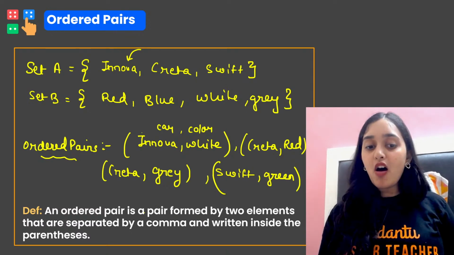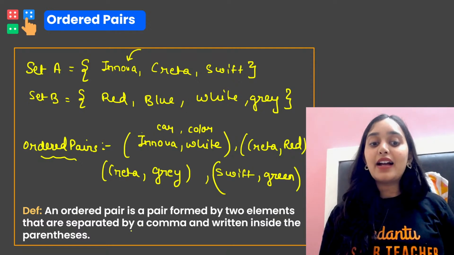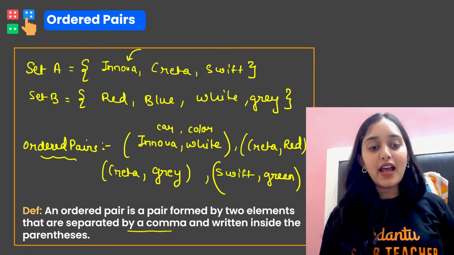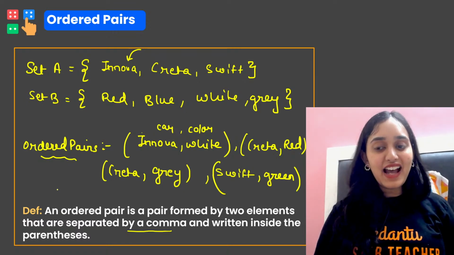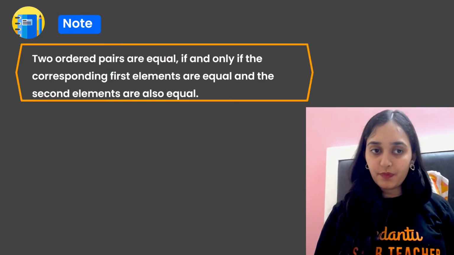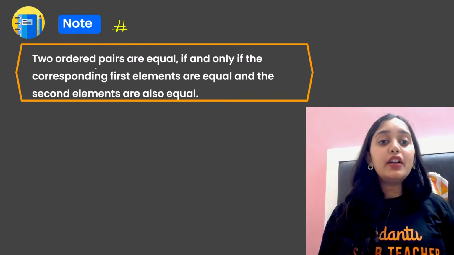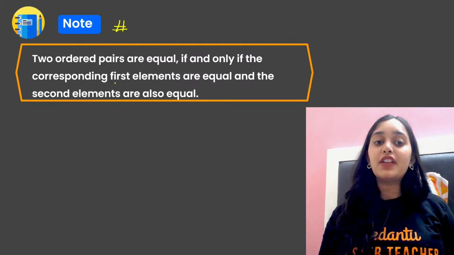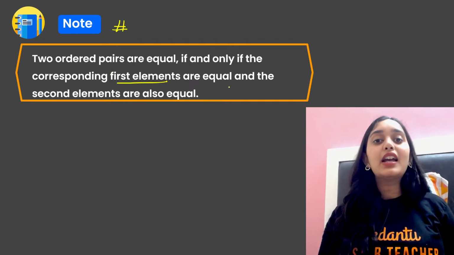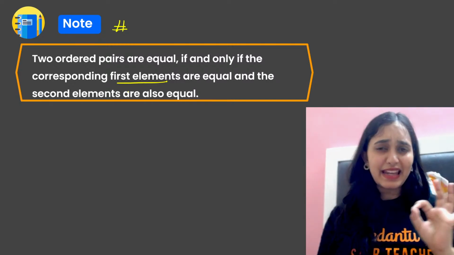separated by a comma, and I formed the ordered pairs. So an ordered pair is formed by two elements that are separated by a comma and written inside parentheses. Understood everybody? Now a good point to be noted here is that two ordered pairs are equal if and only if the corresponding first elements are equal and the corresponding second elements are equal.